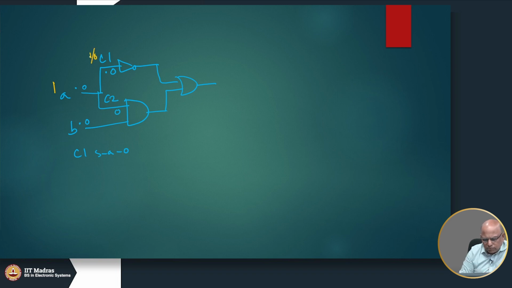A good circuit will have a 1, a faulty circuit will have a 0 and this will become 0/1, right, and this will have a 1/1 because both the good and the faulty circuit will have a 1. And in order to propagate this I have to put a 0 here. So, I will put a 0 here. Okay. So, that will cause 0/1. Okay. So, C1 stuck at 0 can be found by 1 0.